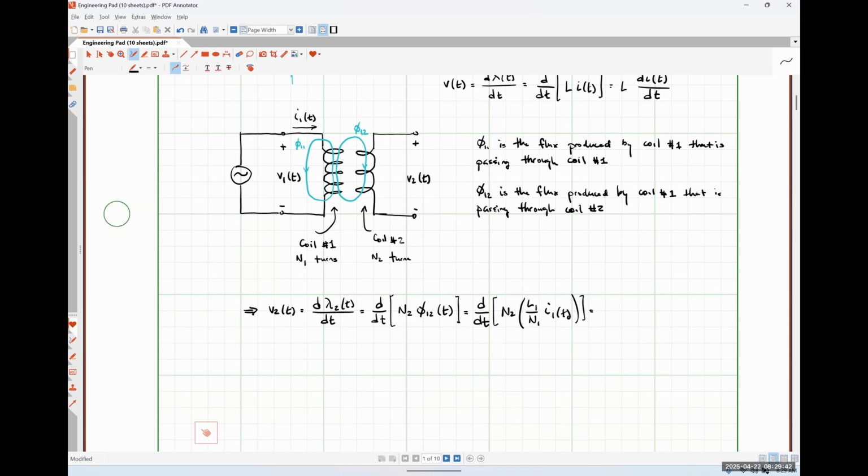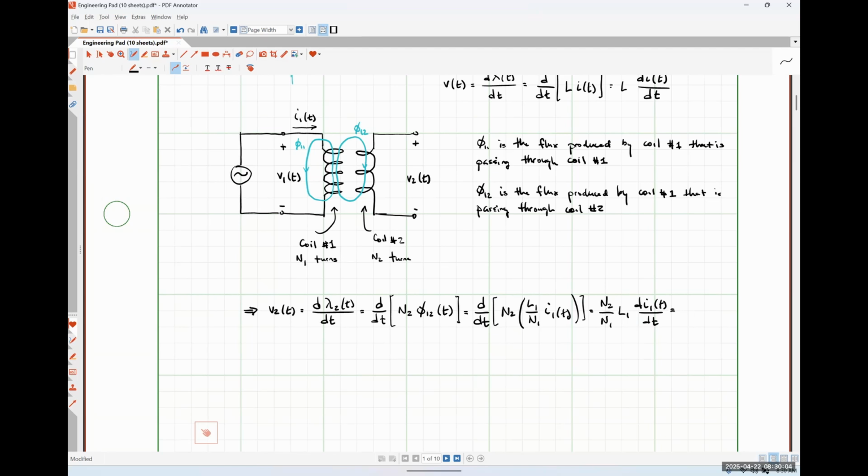And since N1, N2, and L1 are all constants, I can pull them out, and I'm going to be left with N2 divided by N1 times L1 times the derivative of I1 with respect to time.